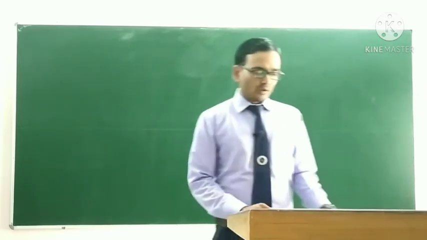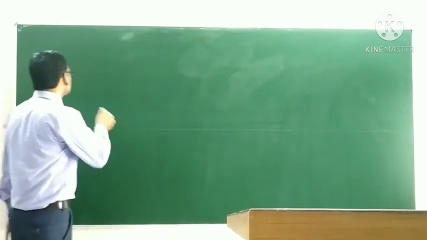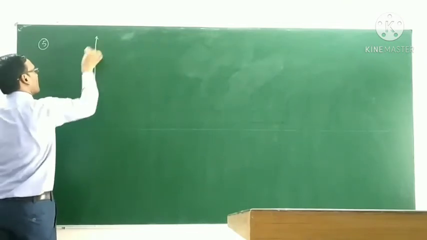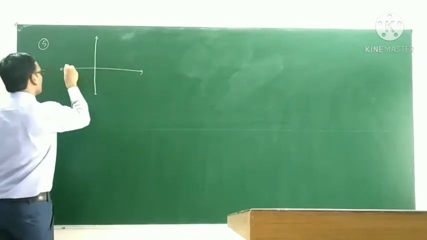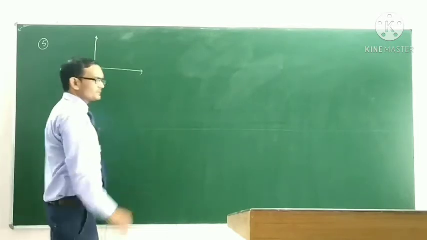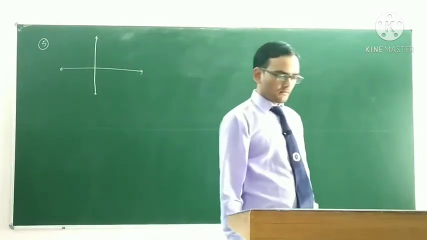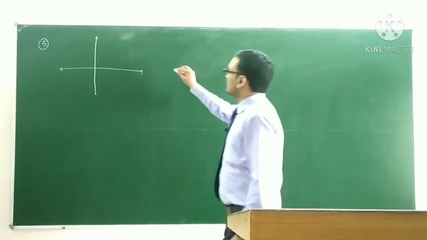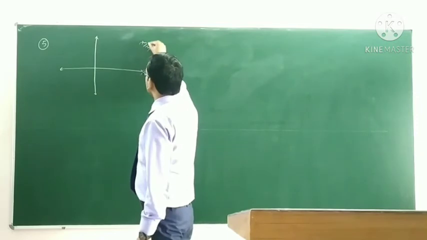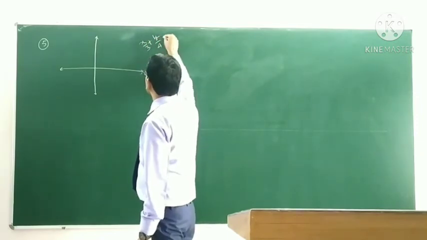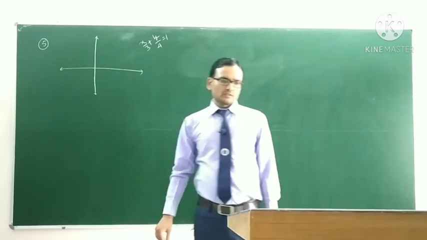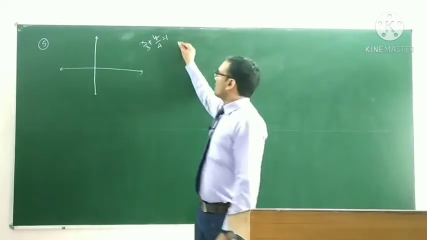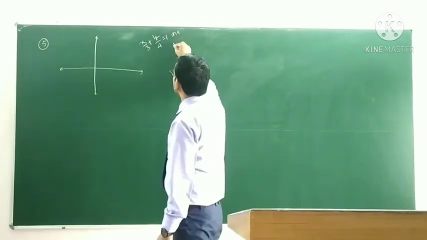Okay, students, we find the points on the x-axis whose distance from the line x upon 3 plus y upon 4 is equal to 1 is 4 units.